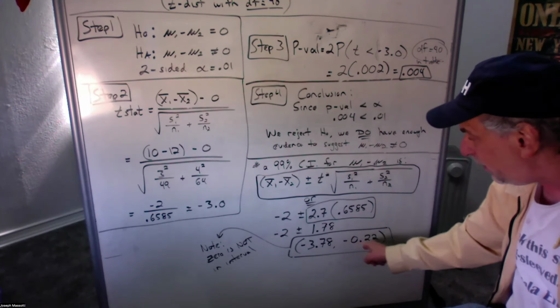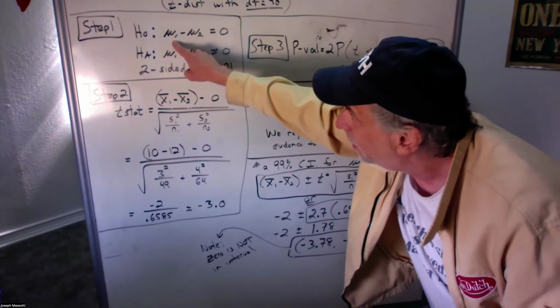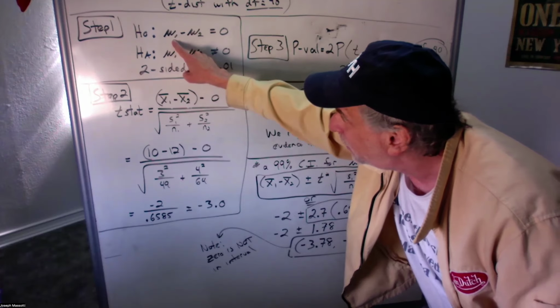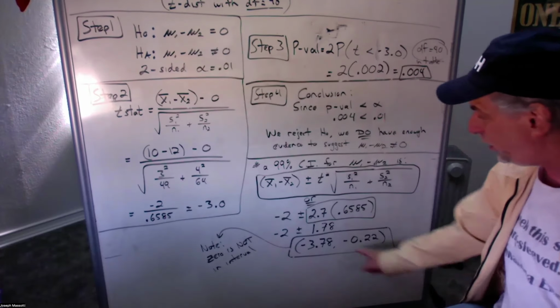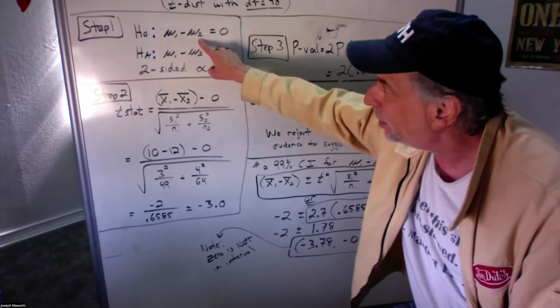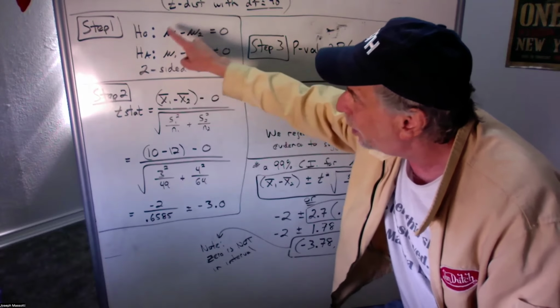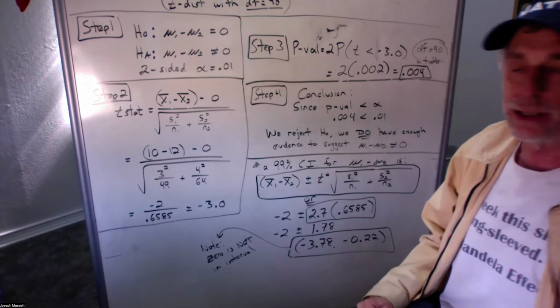In fact, we have evidence to suggest that the difference between the population mean 1 minus population mean 2 is a negative number. If this is going to be a negative number, then that means this number is larger than this one. So we can come to that conclusion, right?